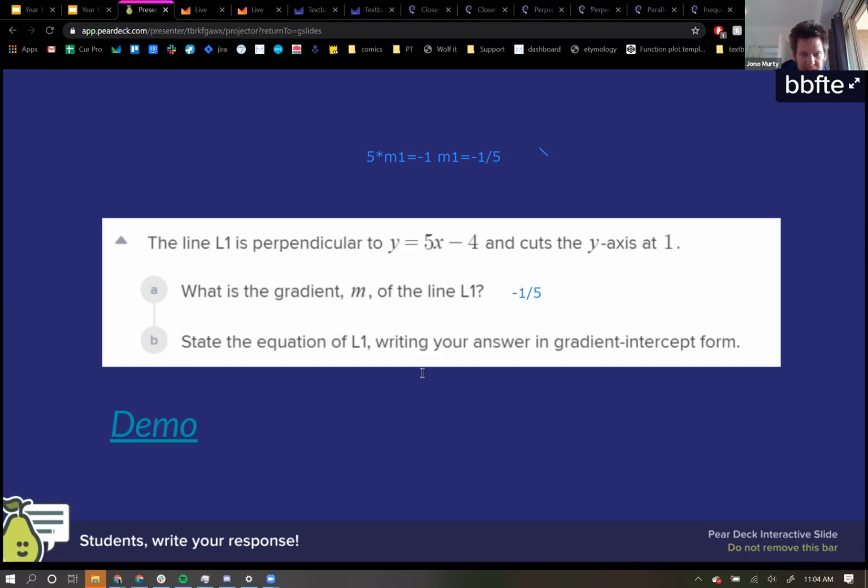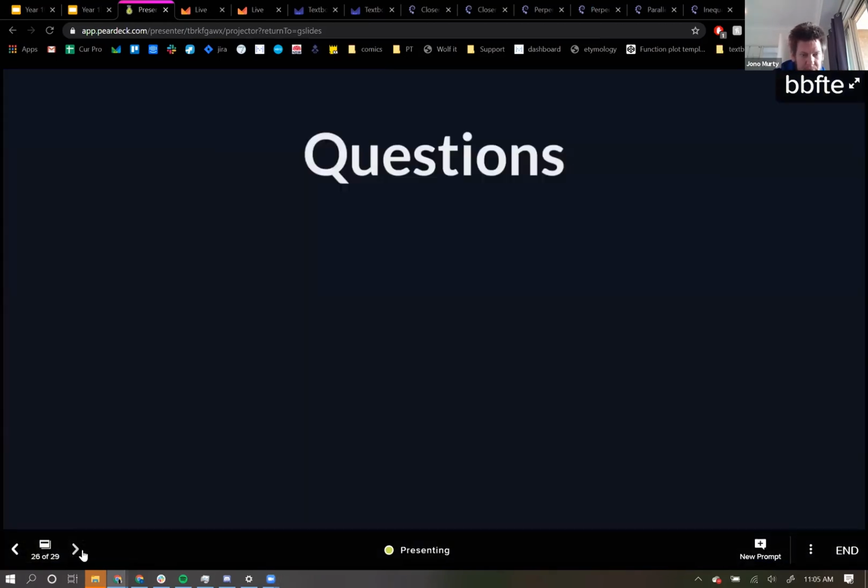And then that gives me this equation. Let's just say minus x on 5, that's the same thing as minus 1 on 5 times x. It cuts the axis at 1, so I get my equation: y equals minus x on 5 plus 1. Any questions quickly? We'll have to wrap it up now.